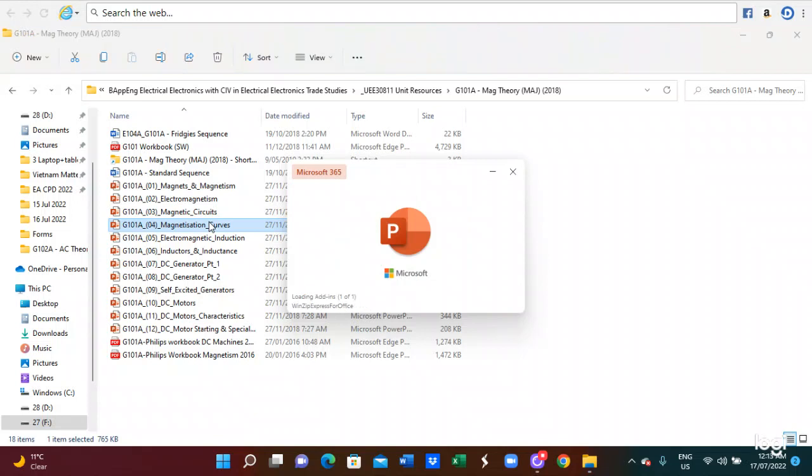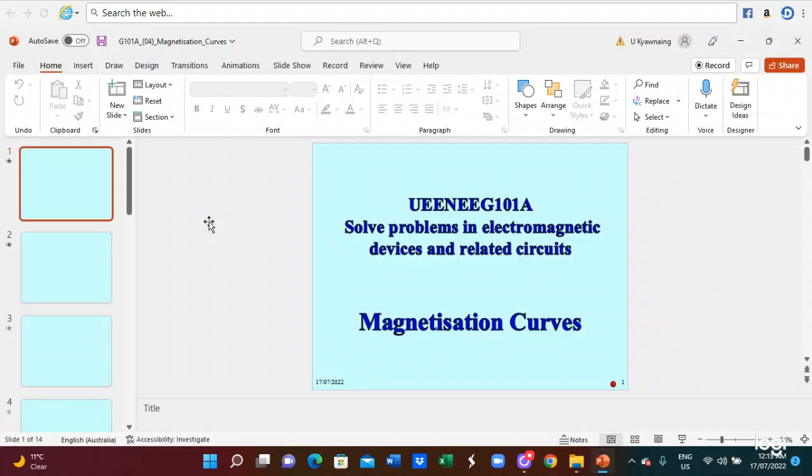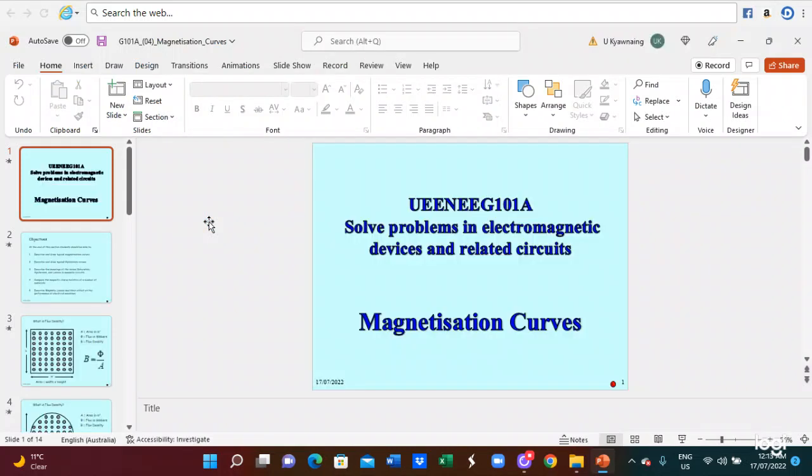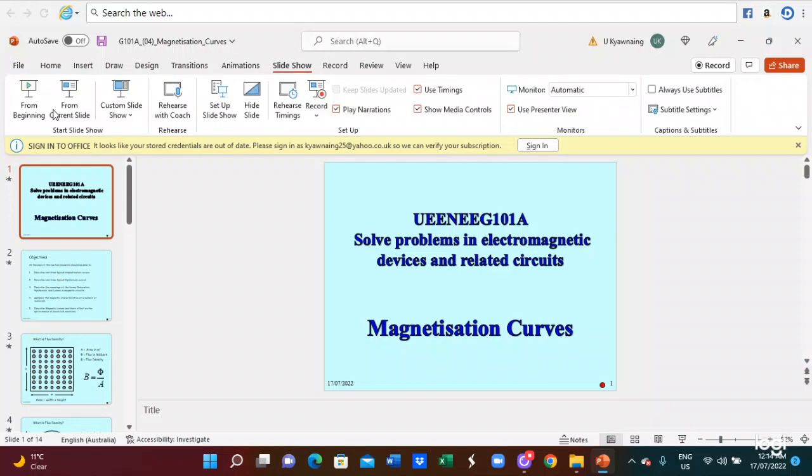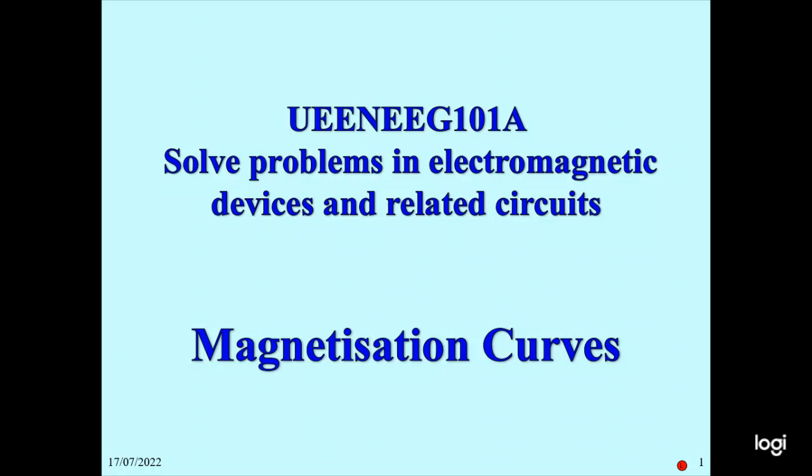The next one is the magnetizing curve. So this is the magnetizing curve.